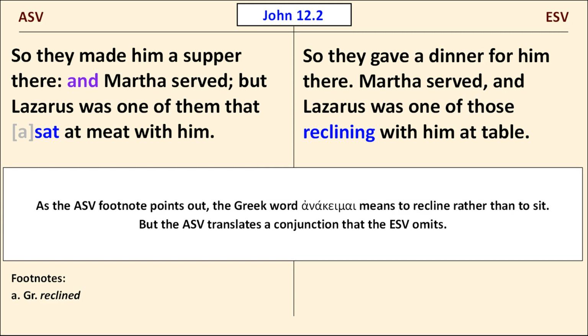As the ASV footnote points out, the Greek word the ASV translates as "sat" actually means to recline. But the ASV scores a point by representing a Greek conjunction with "and," shown here in purple, that the ESV leaves out. Would you say that "and Martha served" is more accurate than "Martha served?"